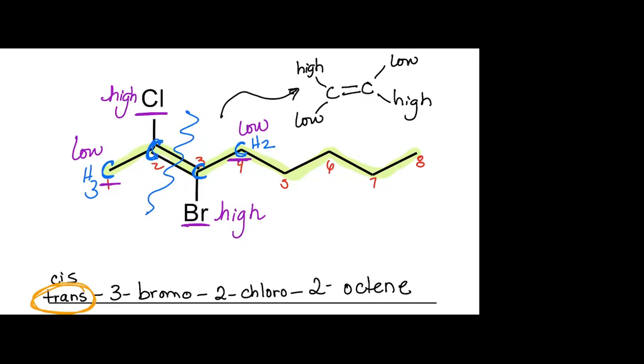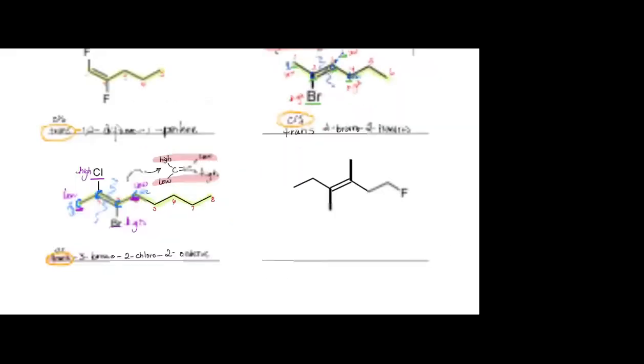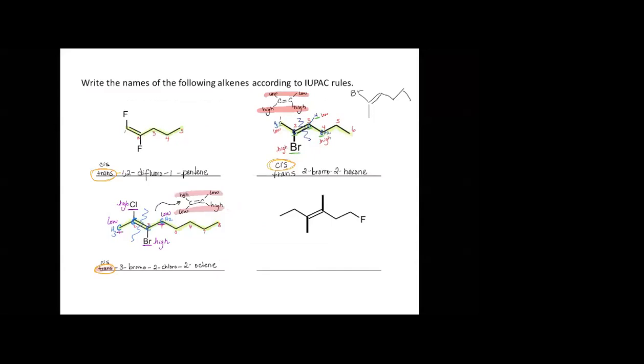Because when we look at this from left to right: high, low, high, low. So that's the reason that this is trans. Because the high priority groups, in terms of atomic number, and the low priority groups are in different directions. Any questions when it comes to determining cis and trans in alkenes?